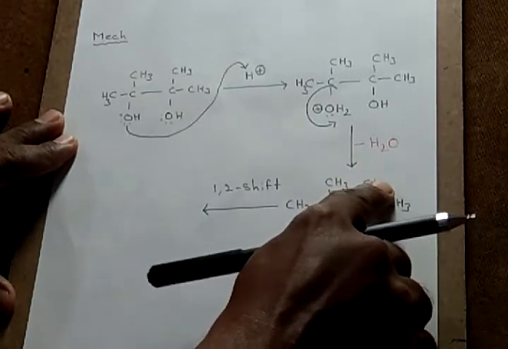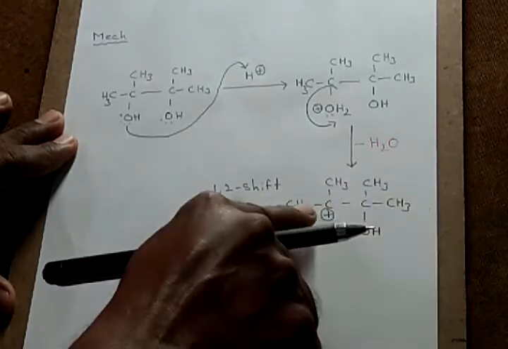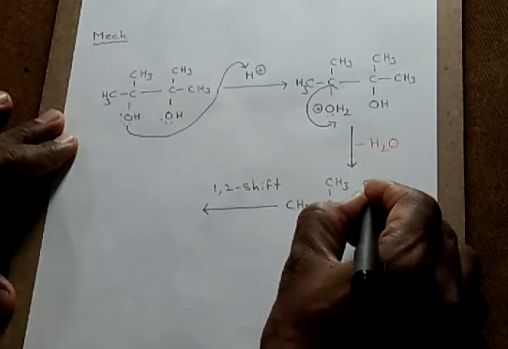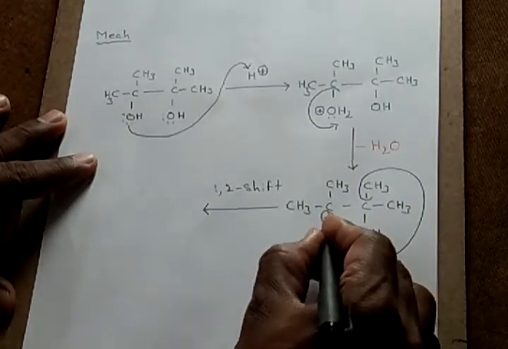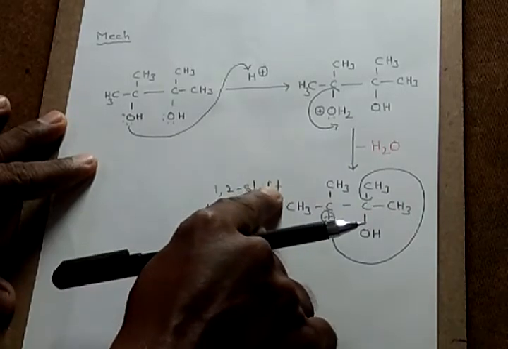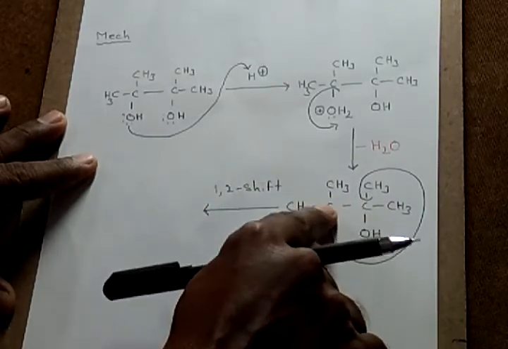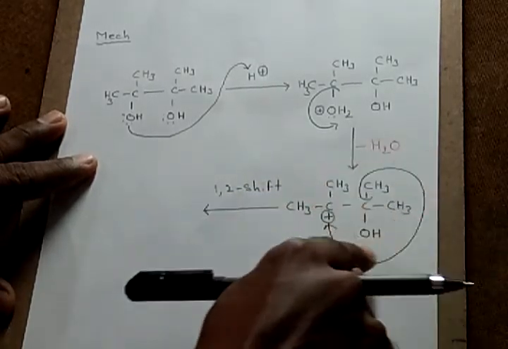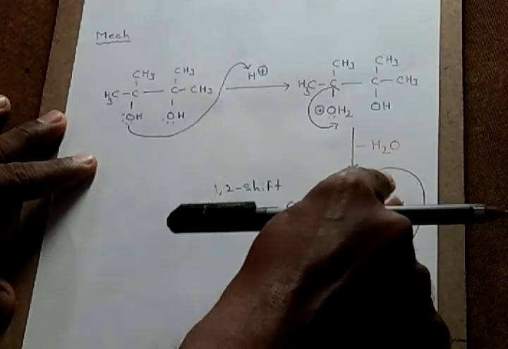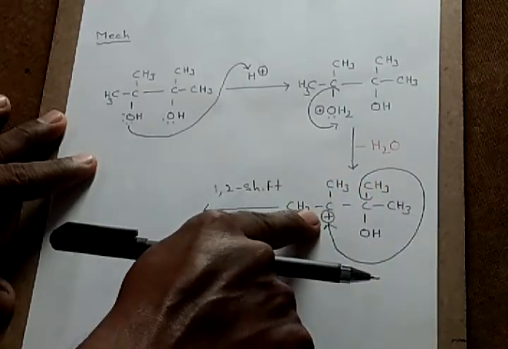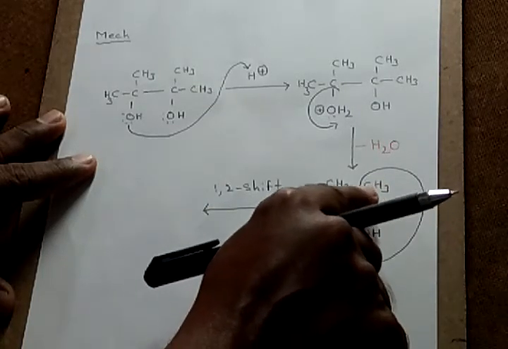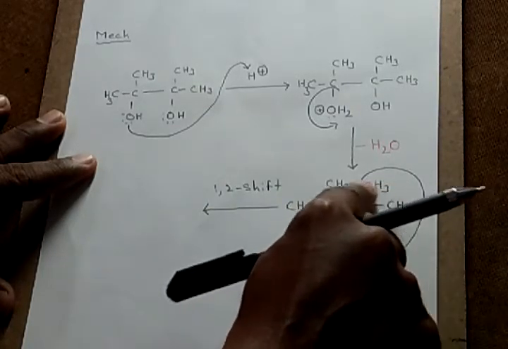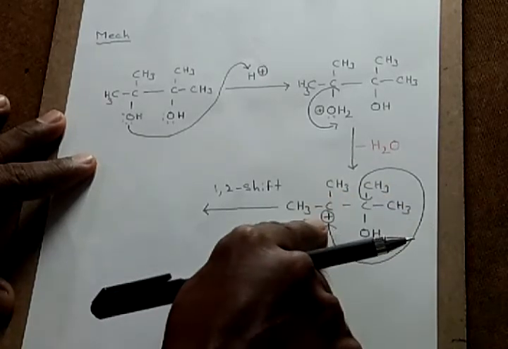The methyl group shifts with its bond onto this carbon, a 1,2 shift of the methyl carbanion to this carbocation. Because this methyl group is shifting with the bond, the positive charge now comes on this particular carbon, and this one gets neutralized.